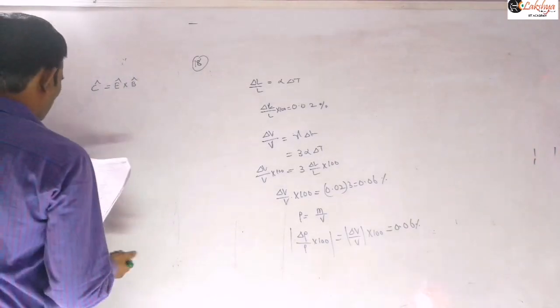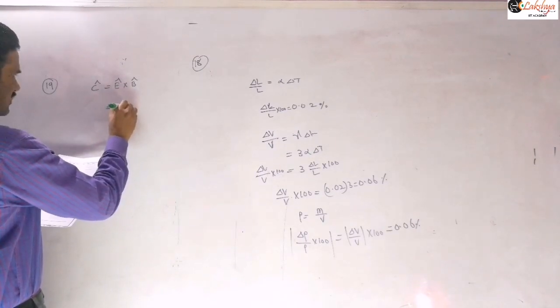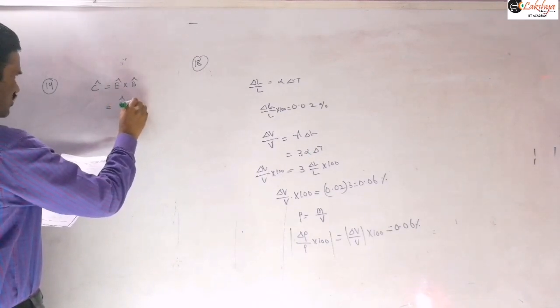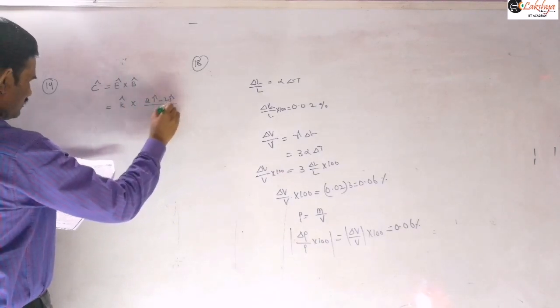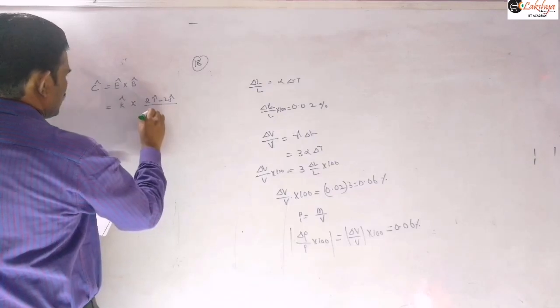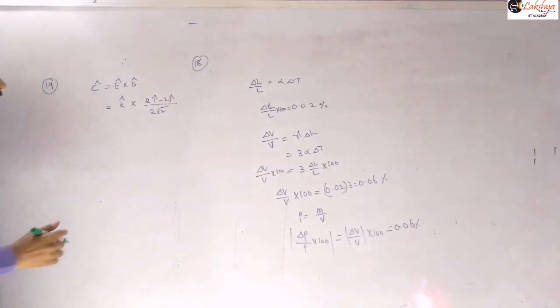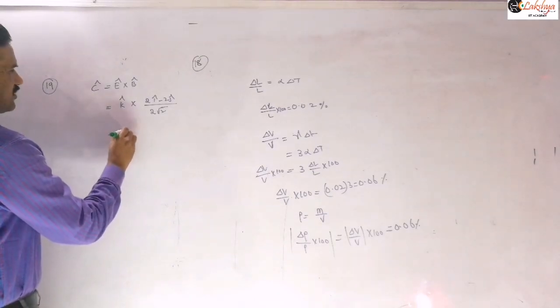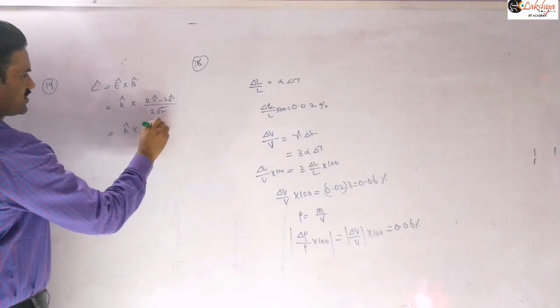So the electric and magnetic field vectors are given there. Therefore, I can take this as E cap, k cap direction, cross this B cap, which is 2 i cap minus 2 j cap by 2 root 2, right? That is the magnitude of that. So this is nothing but k cap cross i cap minus j cap by root 2.